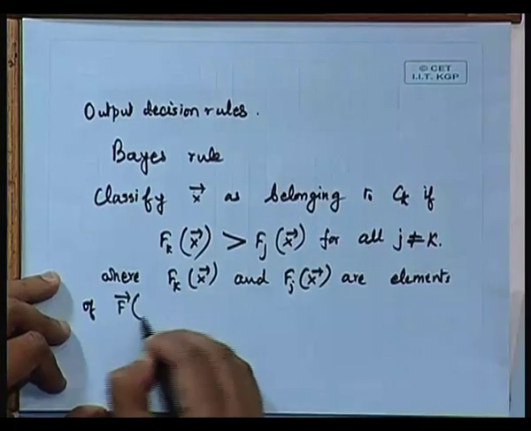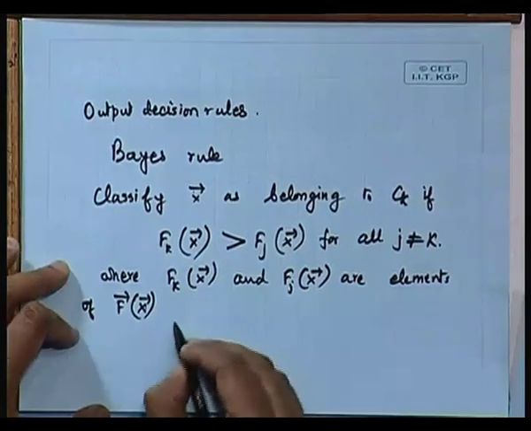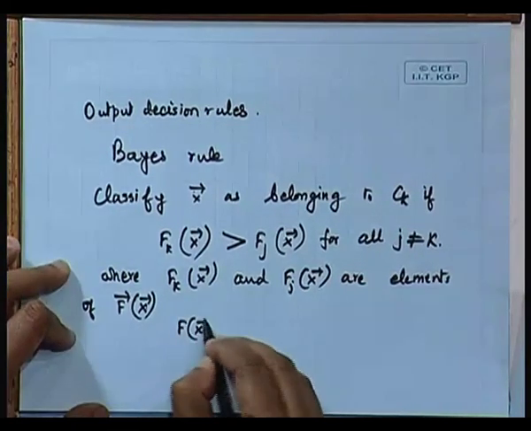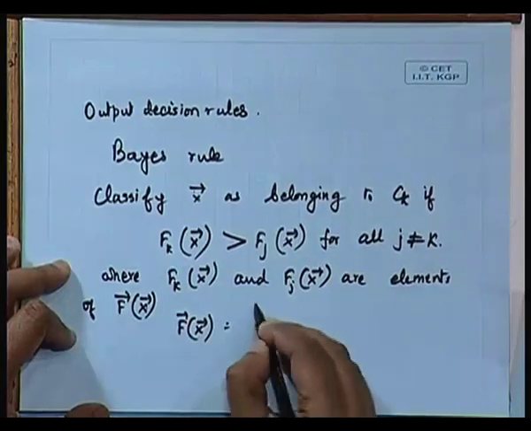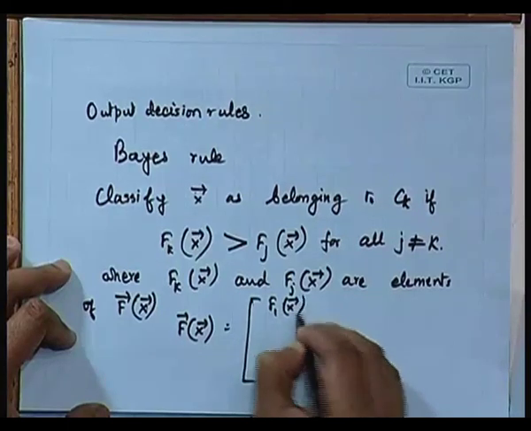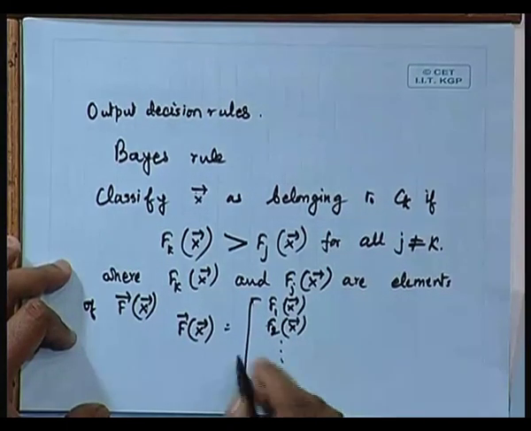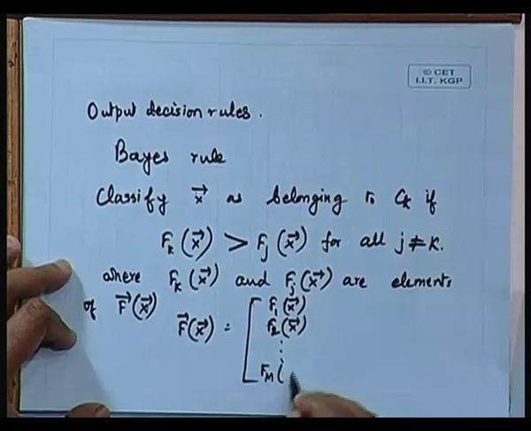Basically we can just express the F vector as the vector F1(x vector), F2(x vector) up to Fm(x vector).